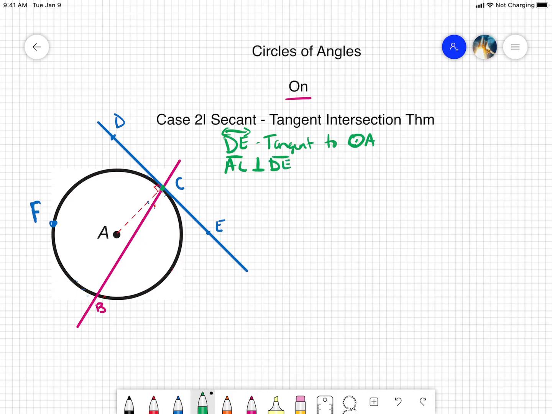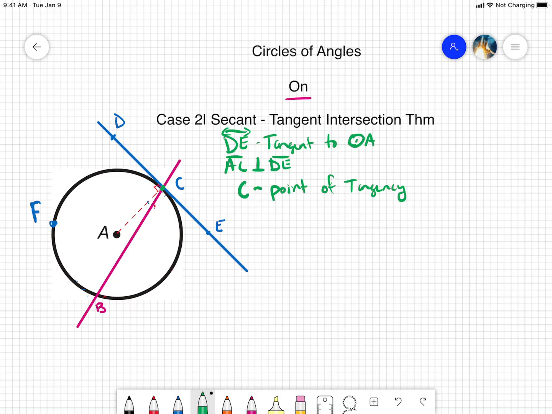That's what it means for it to be tangent, because AC is a radius, and all tangents are perpendicular to radii. And we also know that point C is called the point of tangency.